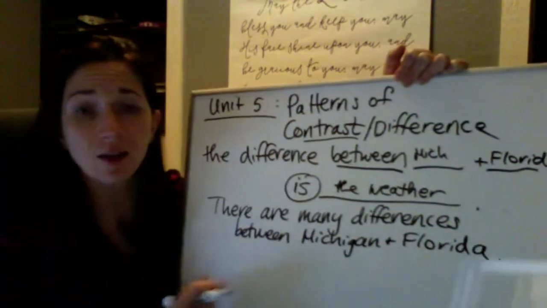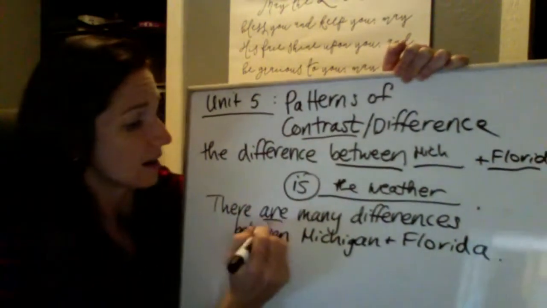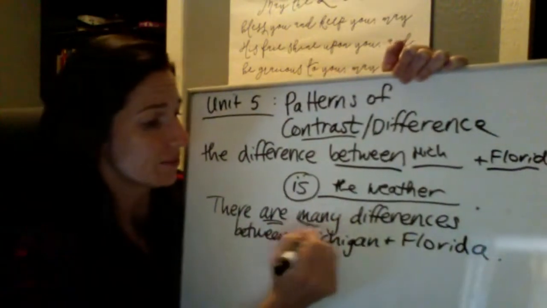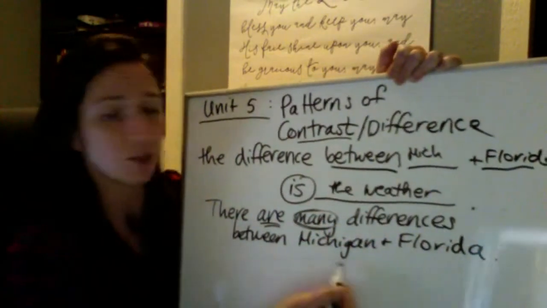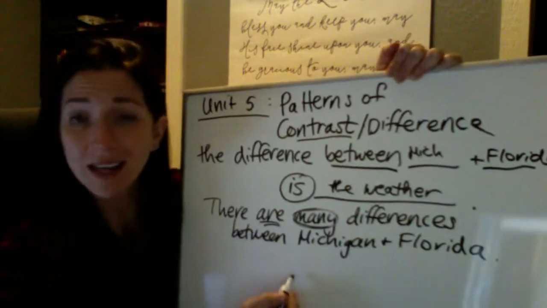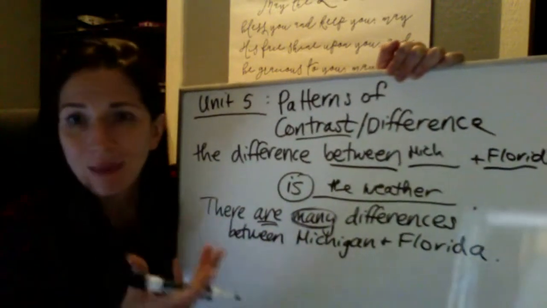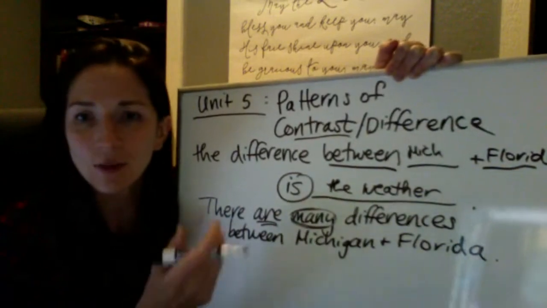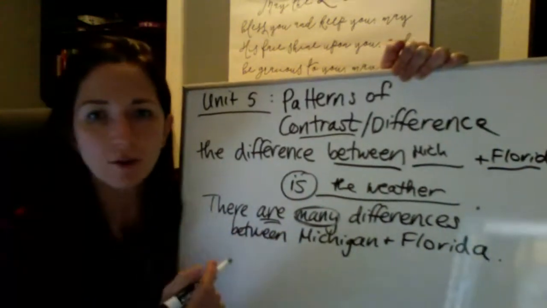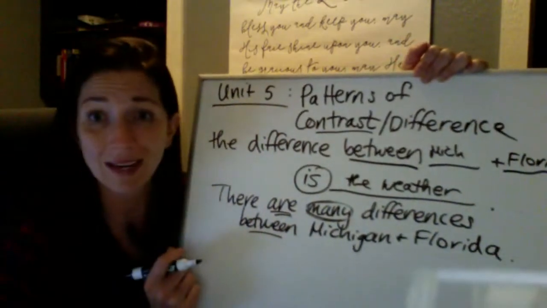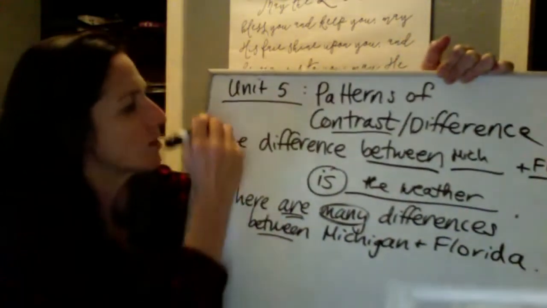Okay, and so in this case, we've got our verb up here. There are many differences between Michigan and Florida. You could say there is one main difference. There are three main differences. Okay, so we can use this as a general phrase as well. Don't forget the preposition between.